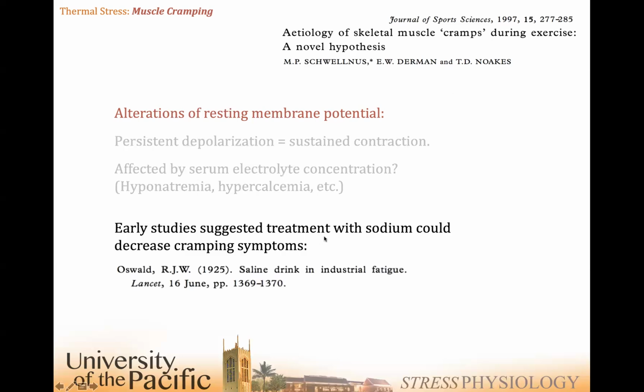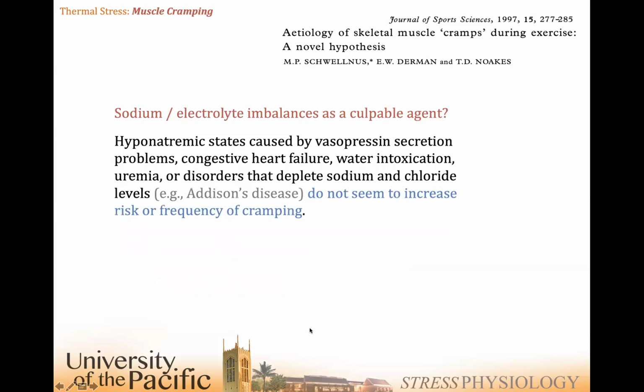The resting membrane potential. So there were some early studies, 1925. Again, we're in the jazz age where a lot of people still cling to their physiological roots, whether it's coffee as a diuretic and whatever. But people say, let's use sodium, we can decrease cramping symptoms with just give people some salt, right? Just throw some table salt in your mouth, and we can decrease the cramping symptoms.